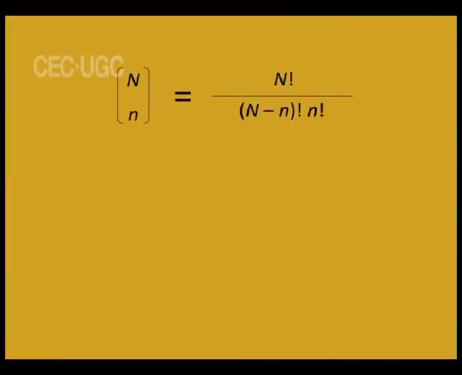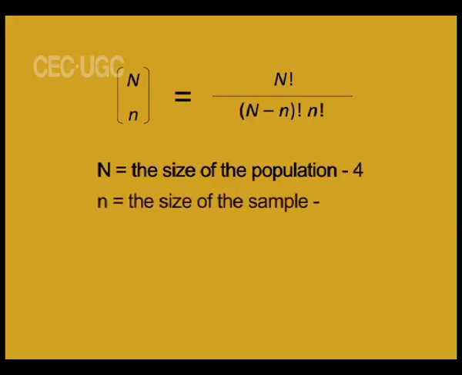We have applied the formula capital N factorial divided by capital N minus small n factorial multiplied into small n factorial. Here, capital N represents the size of the population, which in our example is 4, and small n stands for the size of the sample which we need, and this in our case is 2.